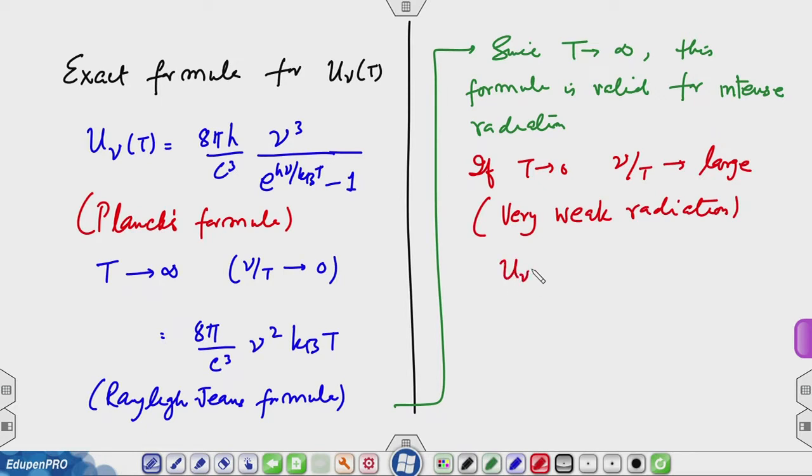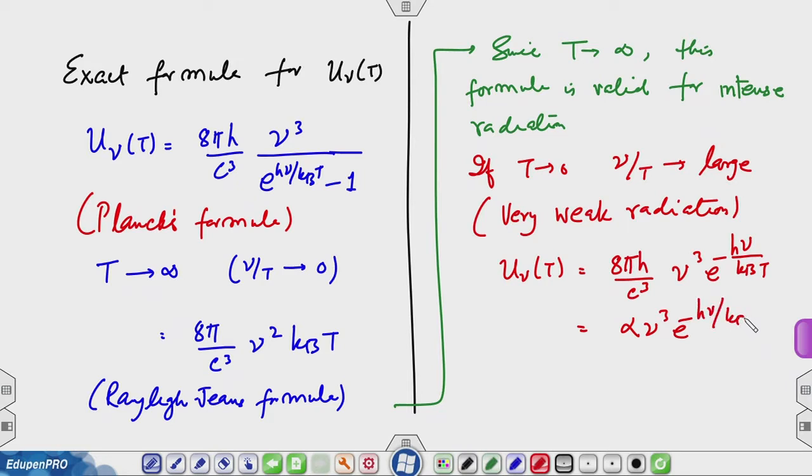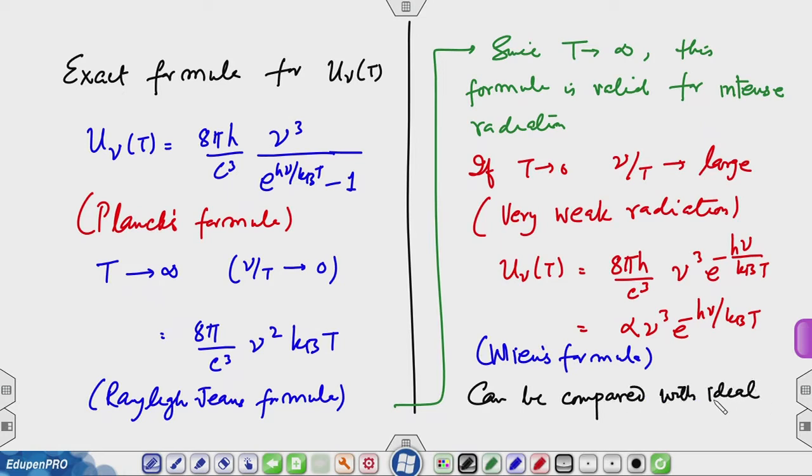This formula u nu t becomes 8 pi h over c cubed nu cube e raised to minus h nu over kBt, which I am going to write as alpha nu cube e raised to minus h nu over kBt, which is nothing but Wien's formula. So Wien's formula is valid for weak radiations, and so at small temperatures, and nu over t is large because t is small. So this, since this is weak radiation, this can be compared with ideal gas, which we will do.